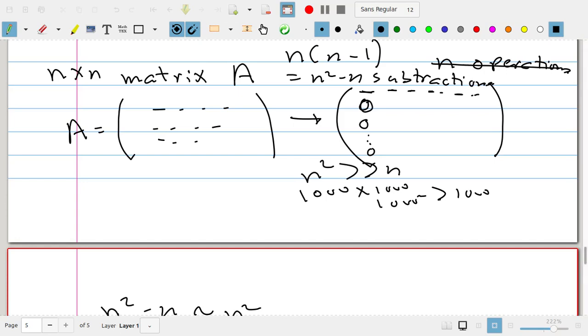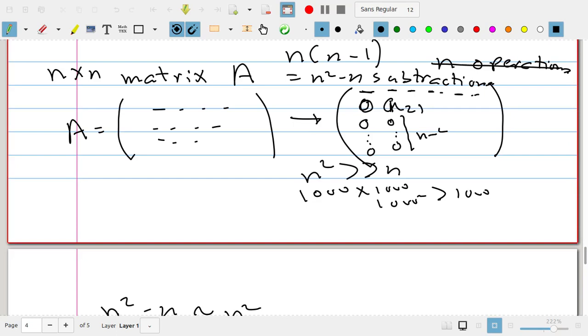And let's say this is the pivot point in the second row, second column, so everything below this is 0. There are of course n minus 2 zeros here, and so on and so forth.